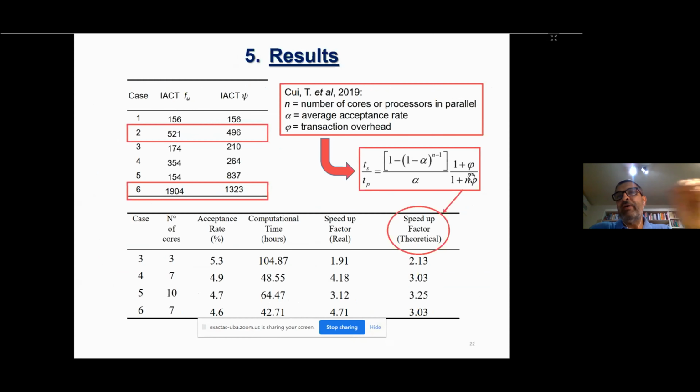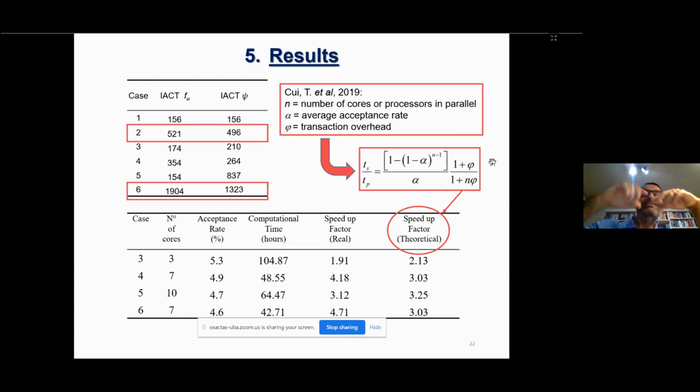The other part is that this theoretical speed up factor actually increases when the acceptance rate decreases. Phi here is a transaction overhead. So if we assume that we have a constant transaction overhead, when the acceptance rate is very small, we may have a smaller speed up factor when we increase the number of processors.